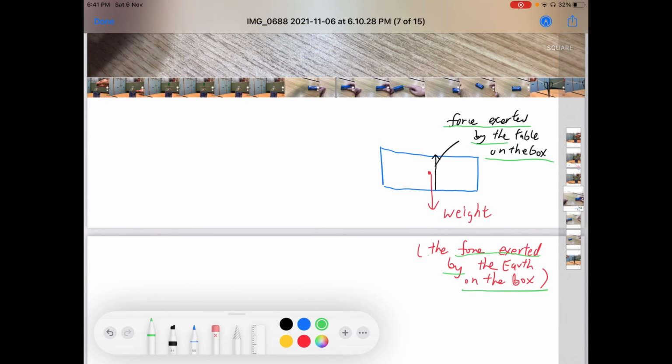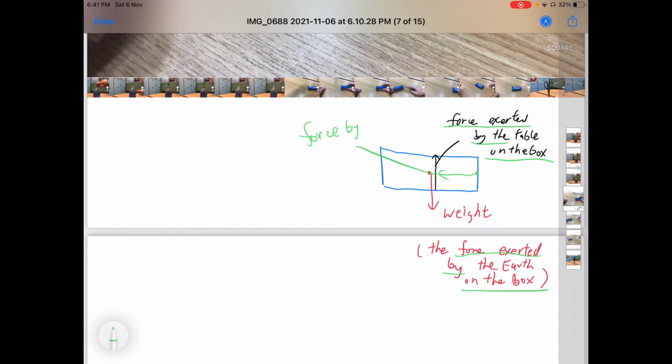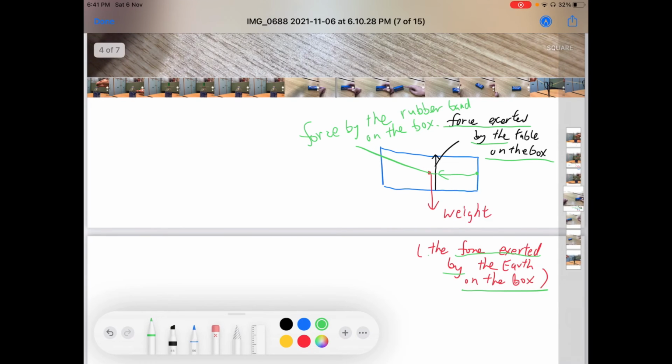So the force by the rubber band is pointing to the left-hand side. Sometimes we can call it tension when you are using a string or a rubber band to hold an object. It's called tension. Then how about the force by the finger?